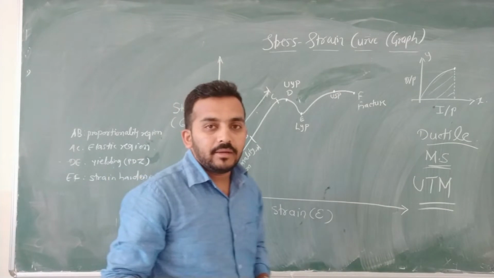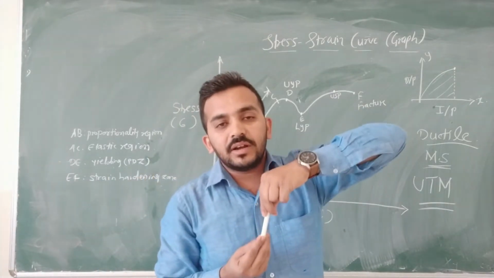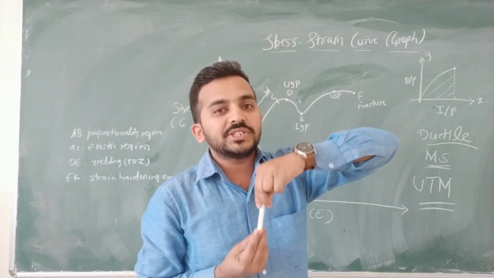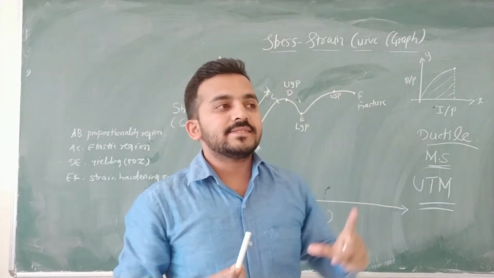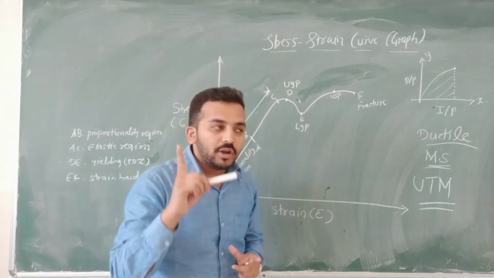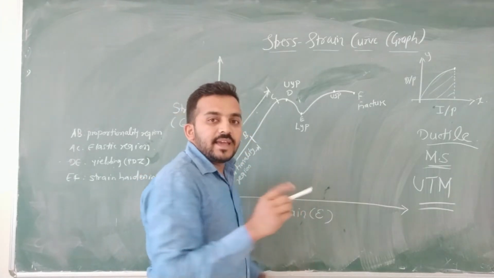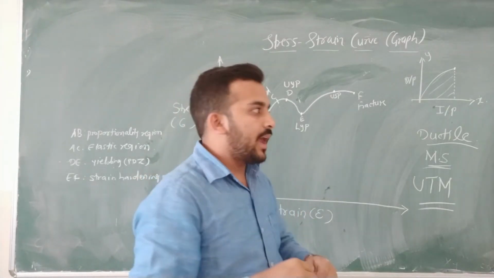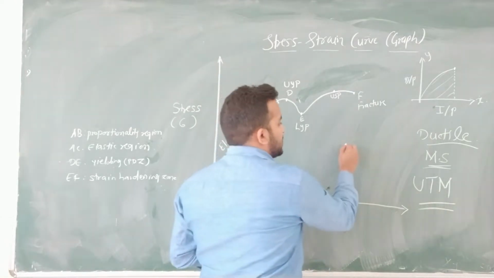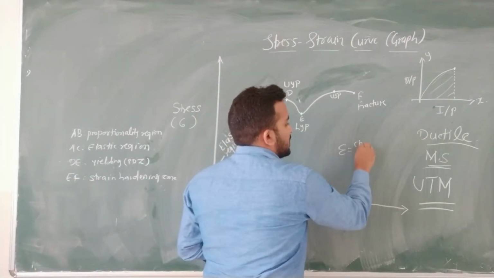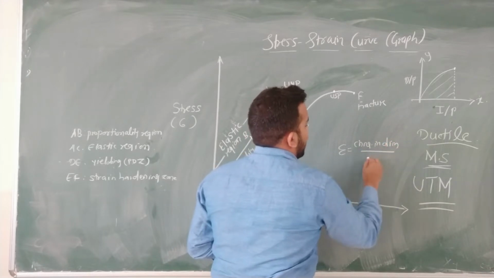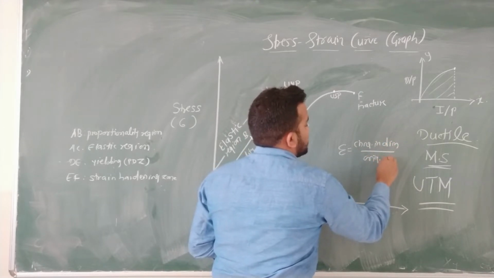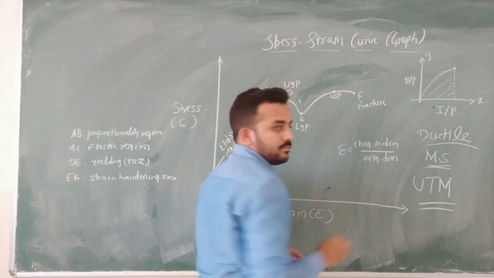What will happen? When the stretching action continues, the first change that happens is that the length of the specimen will increase. So what occurred first? There is a dimension change. Dimension change means what? What is strain? Strain is the change in dimension with respect to the original dimension.